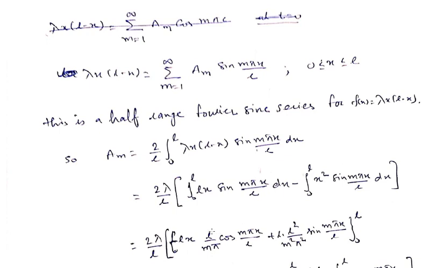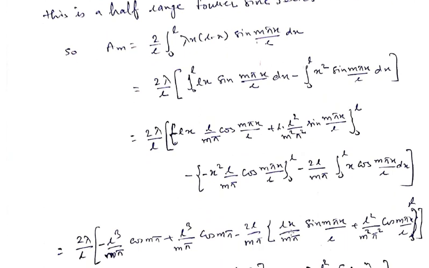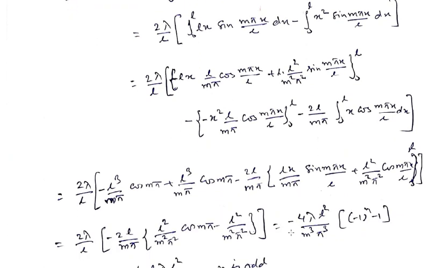Now using the by parts rule, we integrate both terms, and by integrating we get 2 lambda upon L, minus 2L upon m pi, into L square upon m square pi square cos(m pi) minus L square upon m square pi square. Now taking minus 2L upon m pi outside, it becomes 2 lambda upon L square upon m cube pi cube.